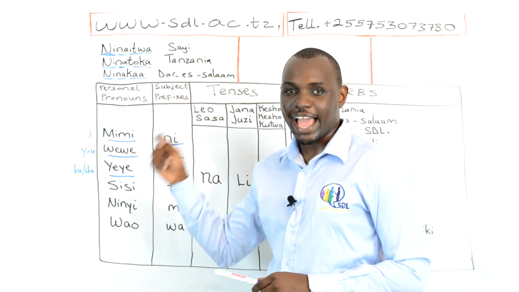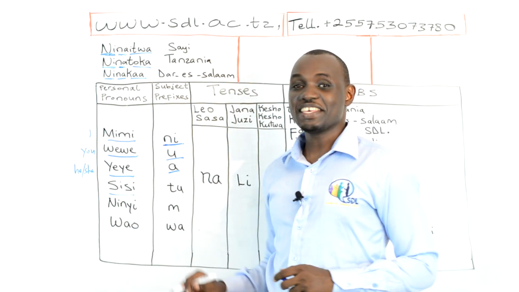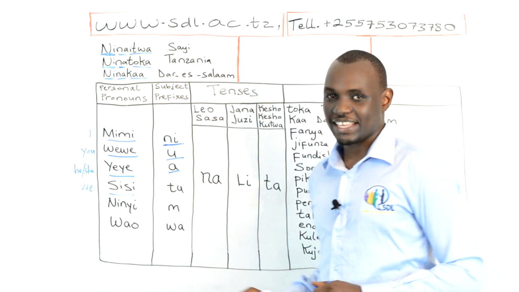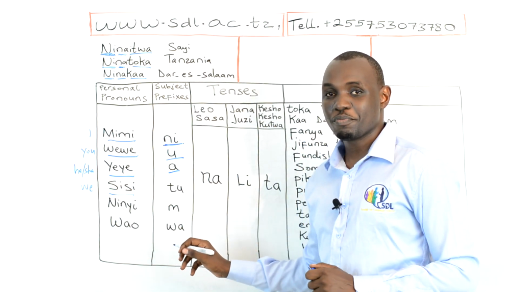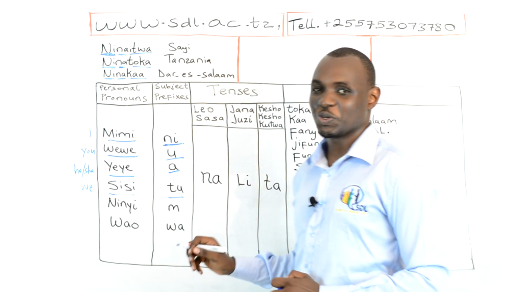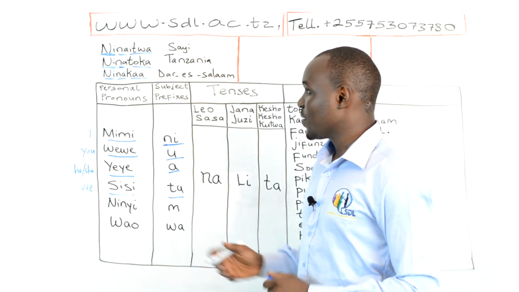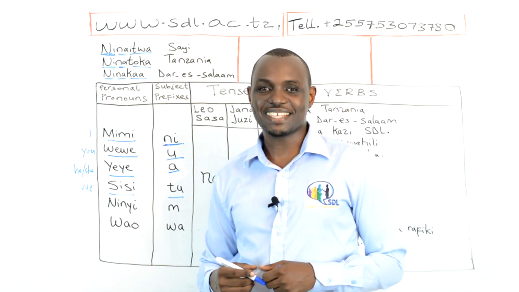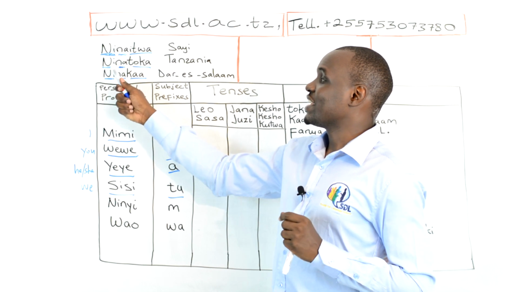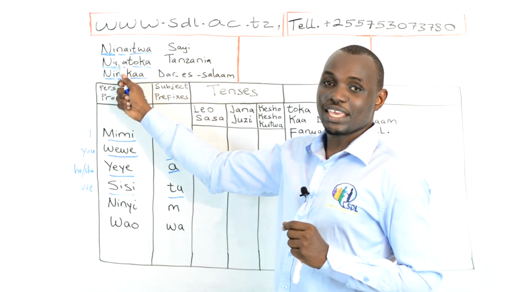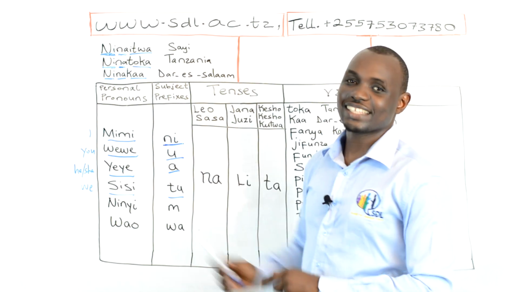Sisi is we, and Sisi will be represented by tu. When you want to say we are coming from Tanzania, you will not say ninatoka. Instead you'll put the tu here and say tunatoka Tanzania.